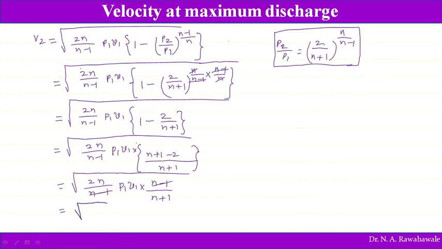Finally, you can write this velocity v2 at maximum discharge as square root of 2n divided by n plus 1 p1 v1, as equation number 9. So this was equation number 5. So substituting these values of p2 divided by p1 in equation number 5, we get this equation number 9.